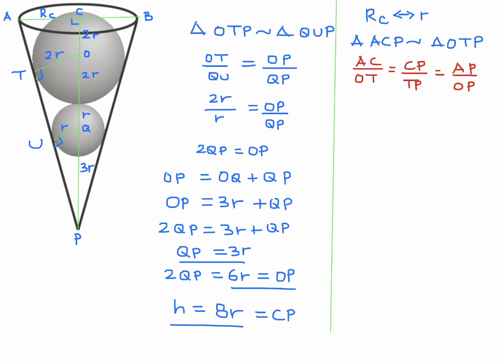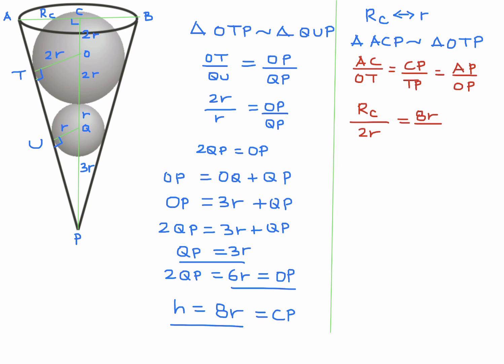Let's label in: AC is RC, the radius of the cone. OT, do I know anything about it? Yeah, it's 2r. Great. CP, that's the height, remember? I already figured out a relationship, so that's 8r.